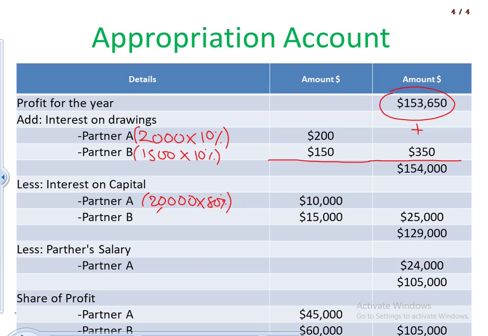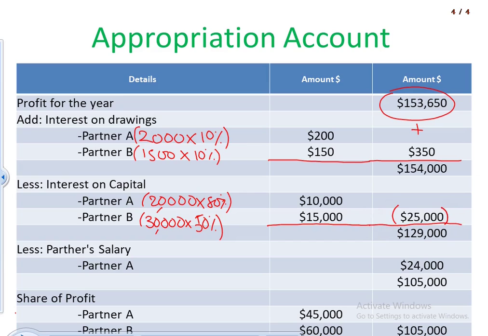Similarly, partner B's capital is 30,000, and 50% of that, pardon my handwriting, is 15,000. So altogether, total interest on capital that we are giving them is 25,000.